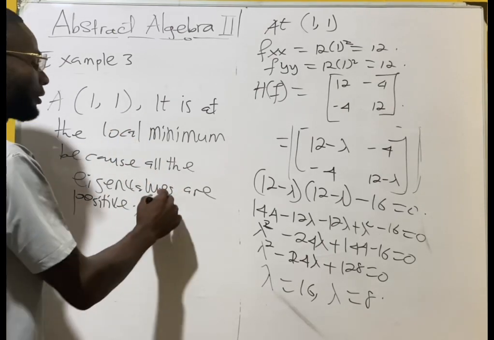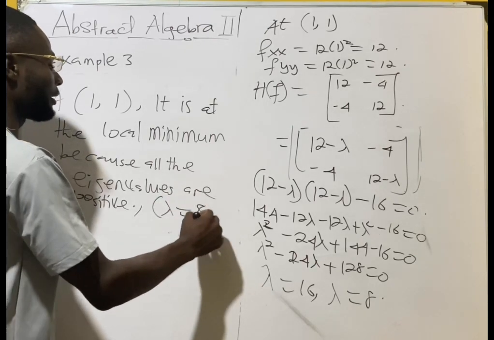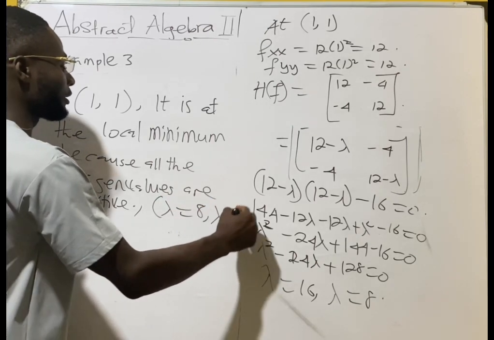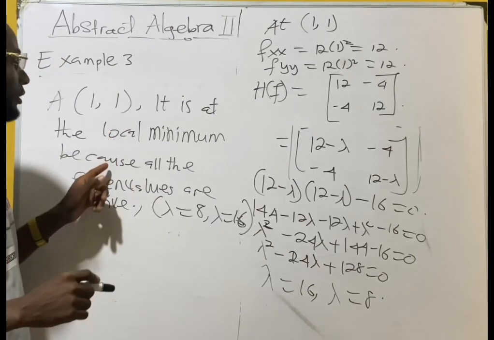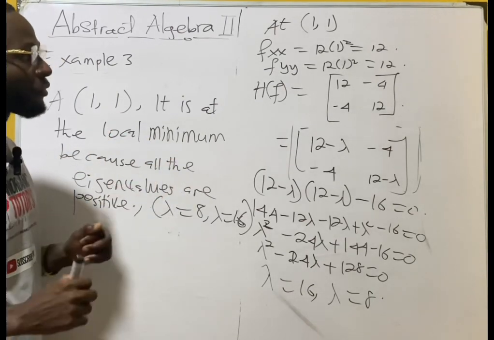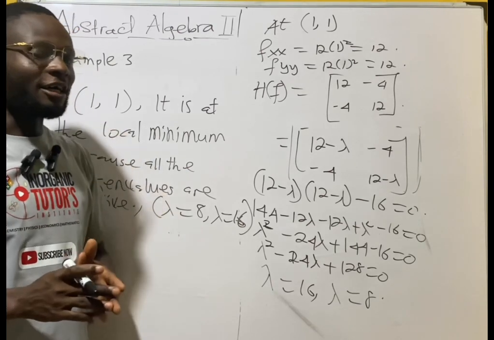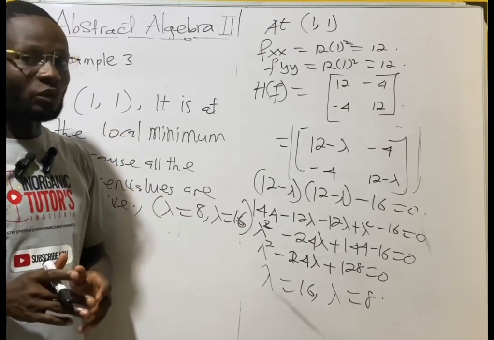We have lambda equals 8 and lambda equals 16. So at (1, 1), we have a local minimum.